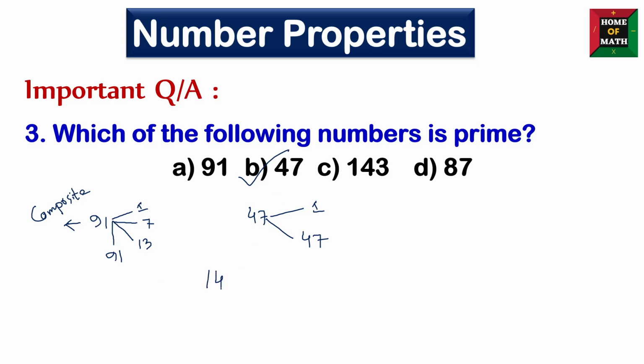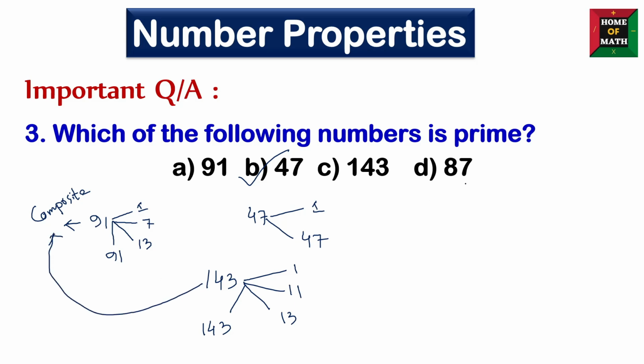What about 143? 143 we can divide by 1, by 11, by 13, and also by 143. So 143 is also a composite number.